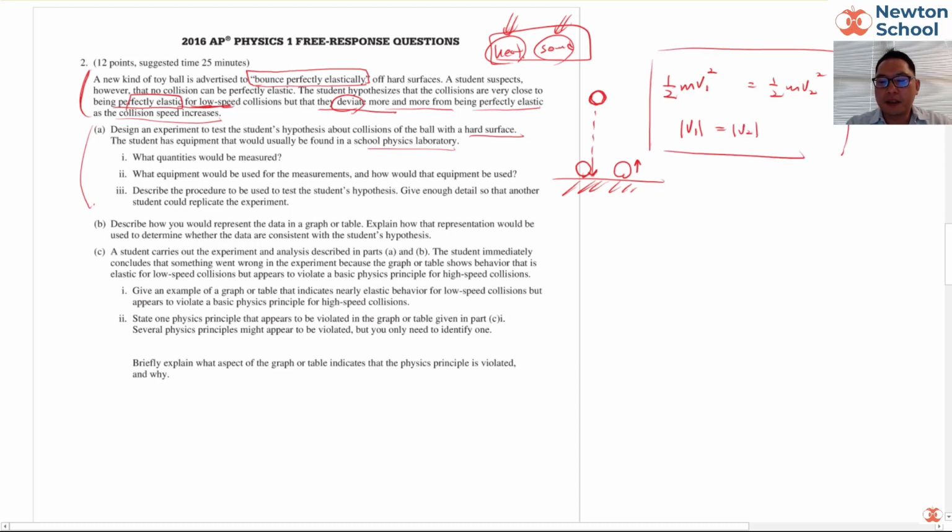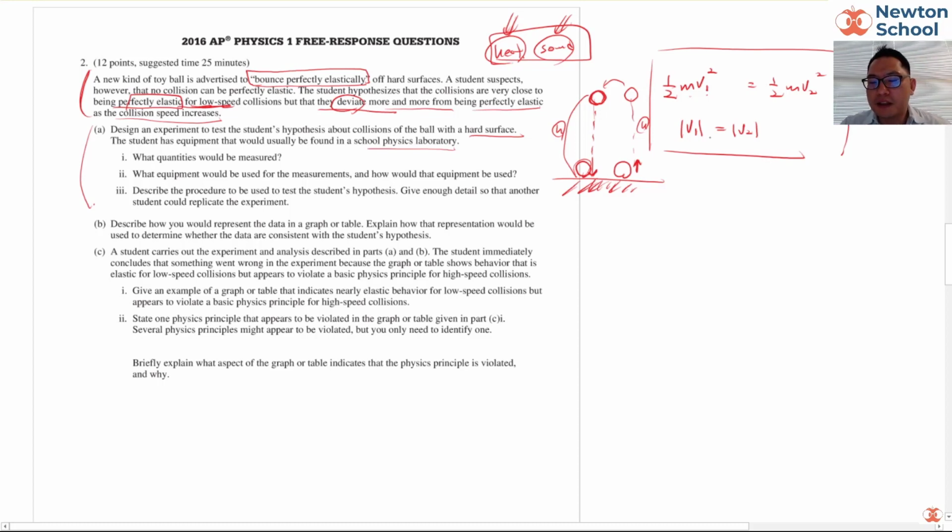Then what happens is you have potential energy mgh, which becomes kinetic energy 1/2 mv1 squared. Once it bounces, it becomes 1/2 mv2 squared, and it converts back to height h, and you repeat this process again and again.